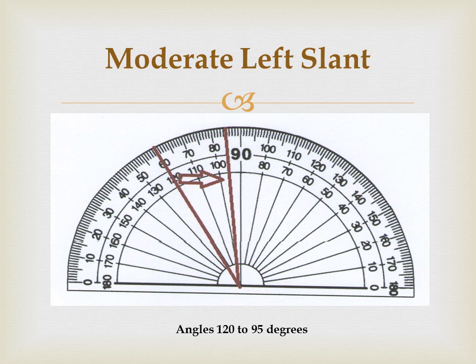Moderate left slant. These are all angles from 120 to 95 degrees and can be seen on the left-hand side of the protractor as illustrated.